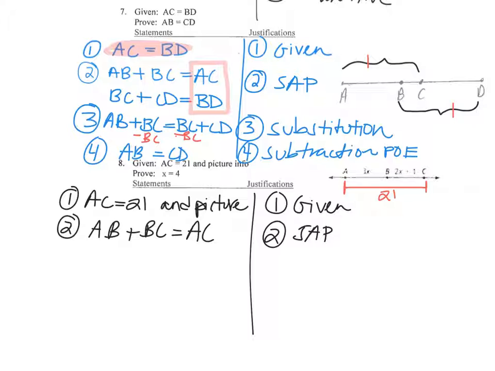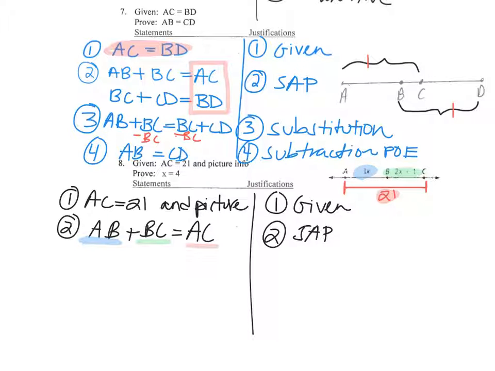You know what the parts are, right? You know that AB is 3x. You know that BC is 2x plus 1. You also know AC. What's AC? 21.